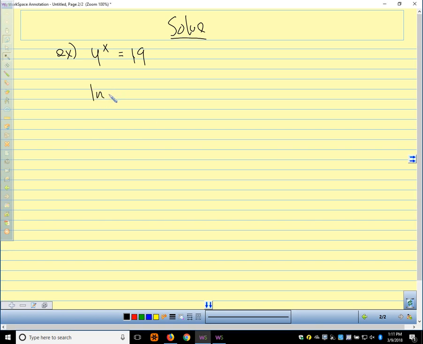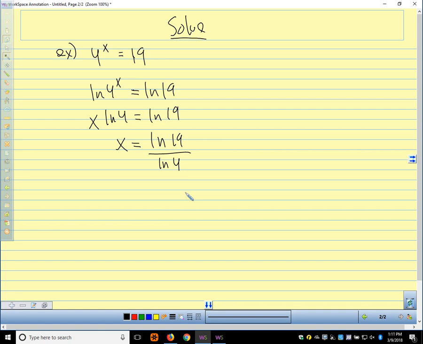So we'll say the natural log of 4 to the x equals natural log of 19. Then we use properties of logarithms, turn exponents into multiplication. x natural log 4 equals natural log 19. And x equals natural log 19 over natural log 4.